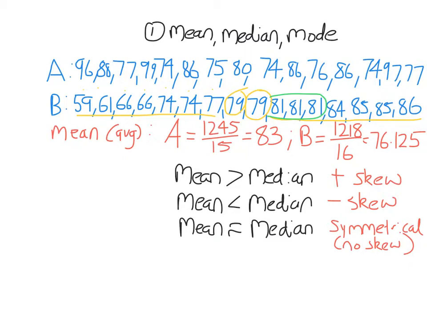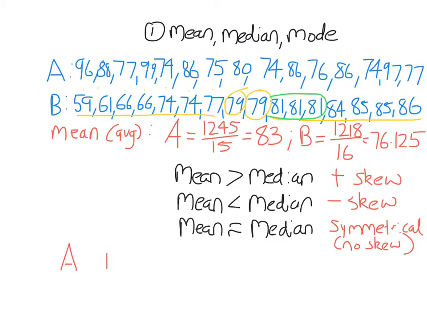So if the mean is greater than the median, we say that the data is positively skewed. If the mean is less than the median, we say that it's negatively skewed. And if the mean is approximately equal to the median, so they're very close, we say the data is not skewed or symmetrical. So in our previous calculations, we found that for Class A, the mean was 83, and we actually found the median was 80.